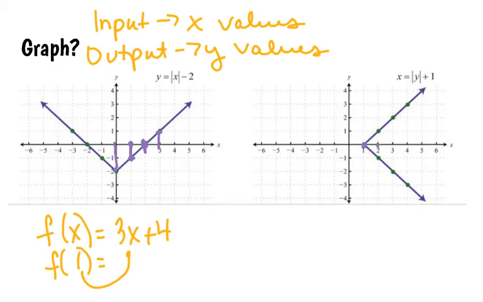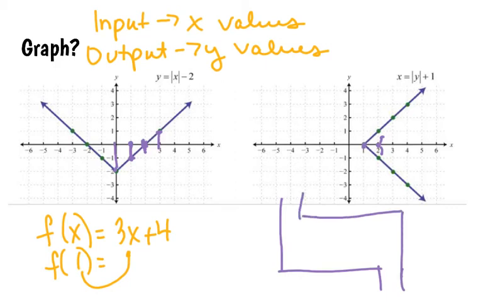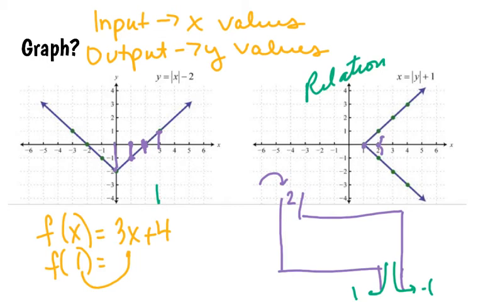At 2, this input value, the problem is that this function machine would have a problem, because if I throw in the number 2, it sometimes is going to want to throw out 1 and sometimes throw out -1, which is a problem. So this is an example of a relation, whereas this is an example of a function.